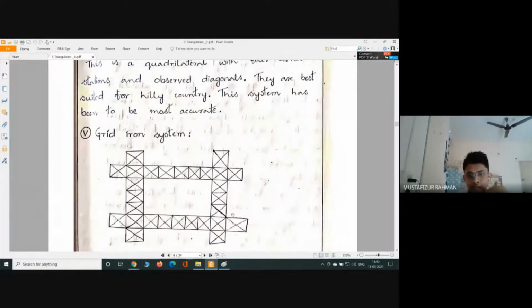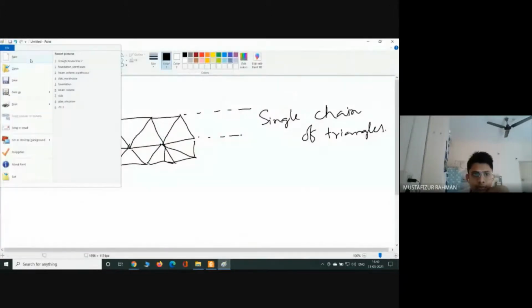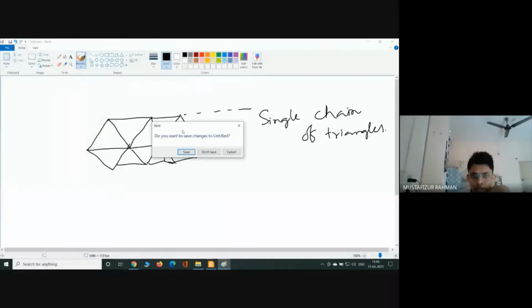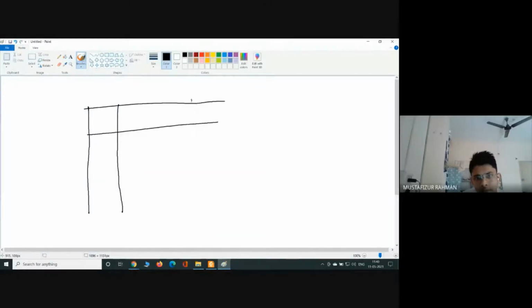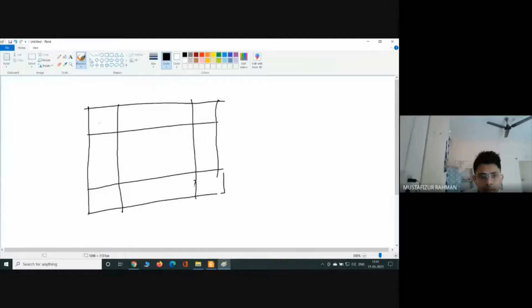Then this can be grid iron system. In grid iron system, what will happen? We are using two sets of equipments. First, we are dividing the area like this into grids, and we are carrying out measurements here like this somewhere.